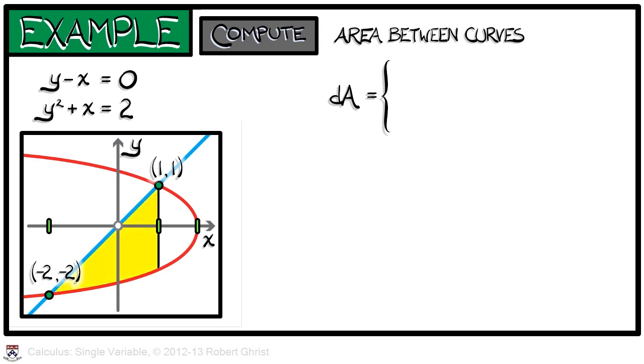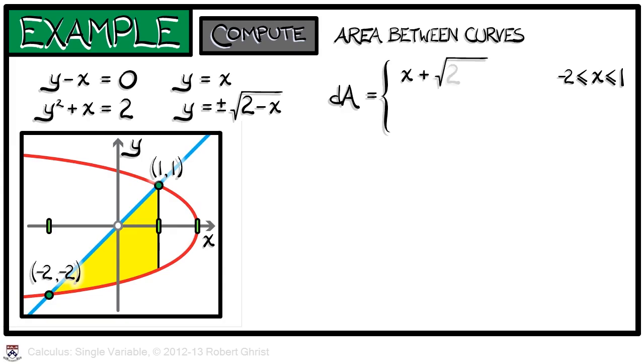The area element is, on the first part, as x goes from -2 to 1, the difference in height. We need to solve for the y-coordinates. In doing so, we can write the area element as the top, y equals x, minus negative square root of 2 minus x. This height is multiplied by the width, dx.